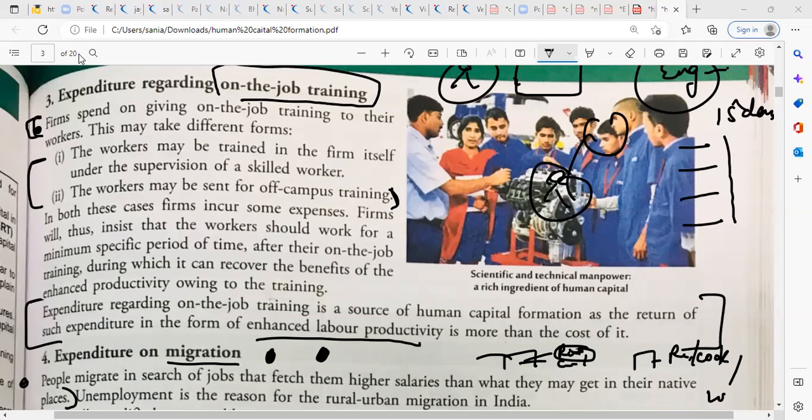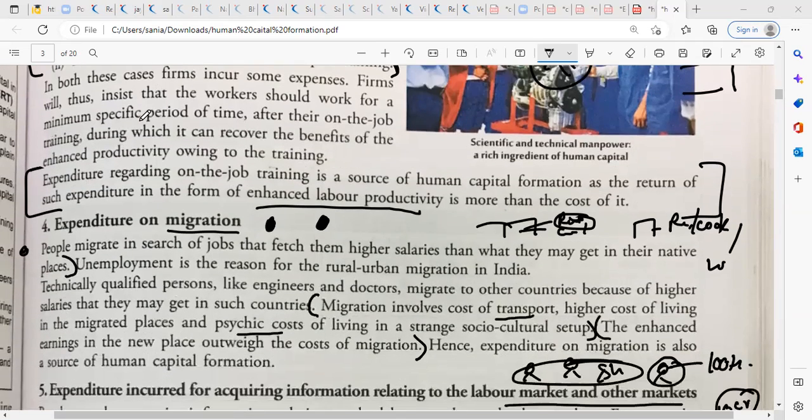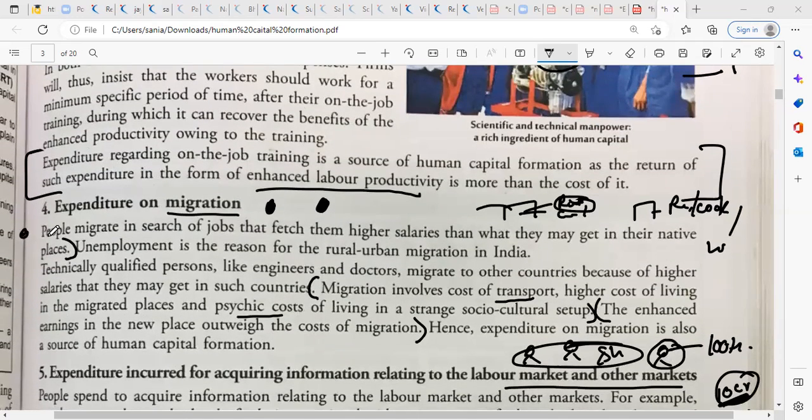Done. Now, next this one, expenditure on migration: first point till here, then from here to here.